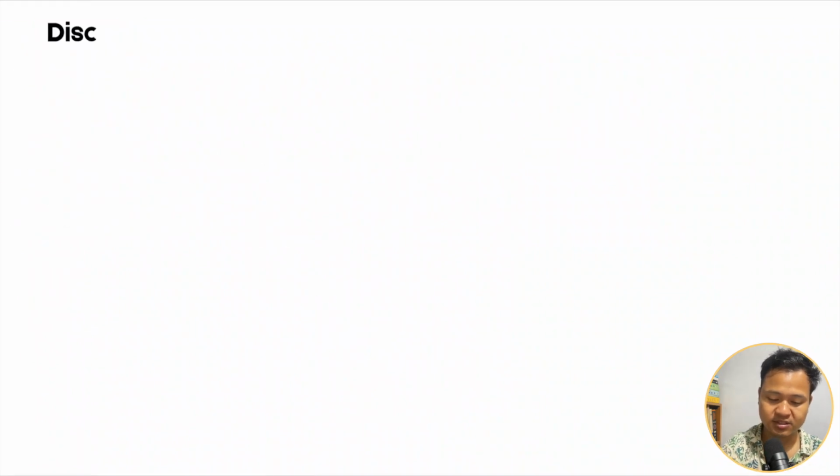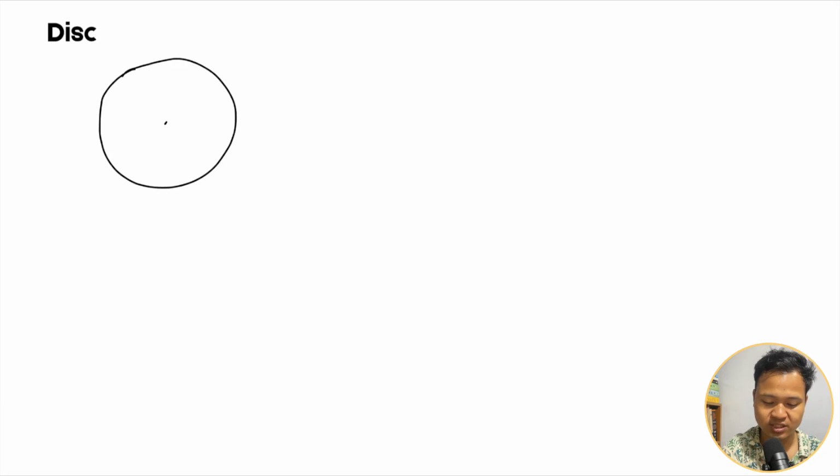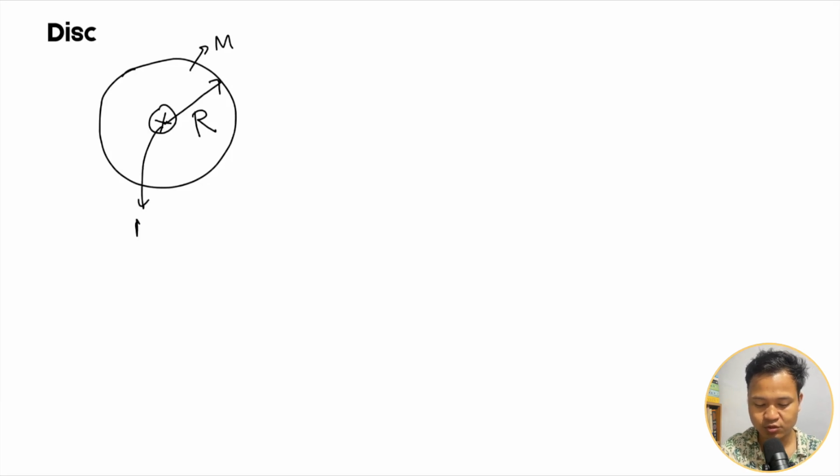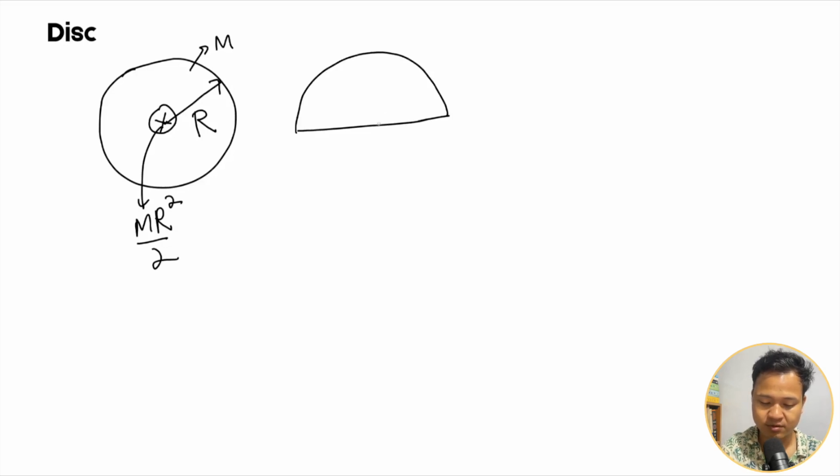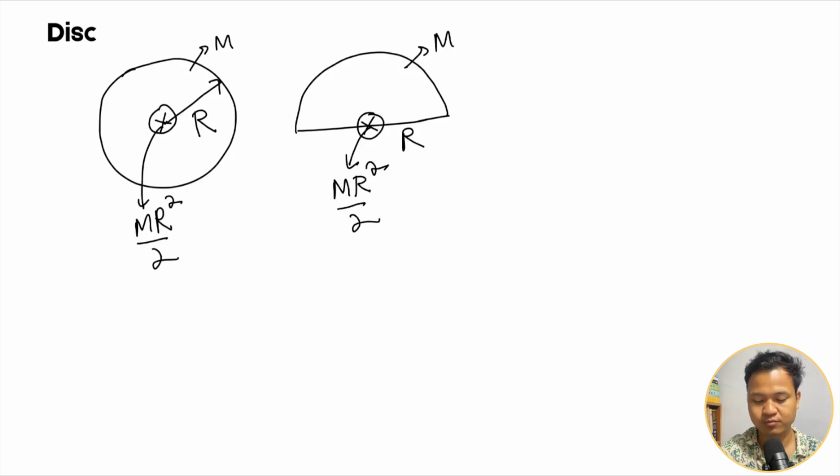Okay, now you have a disk. I have a disk of radius r and mass m. Its moment of inertia is mr square divided by 2.